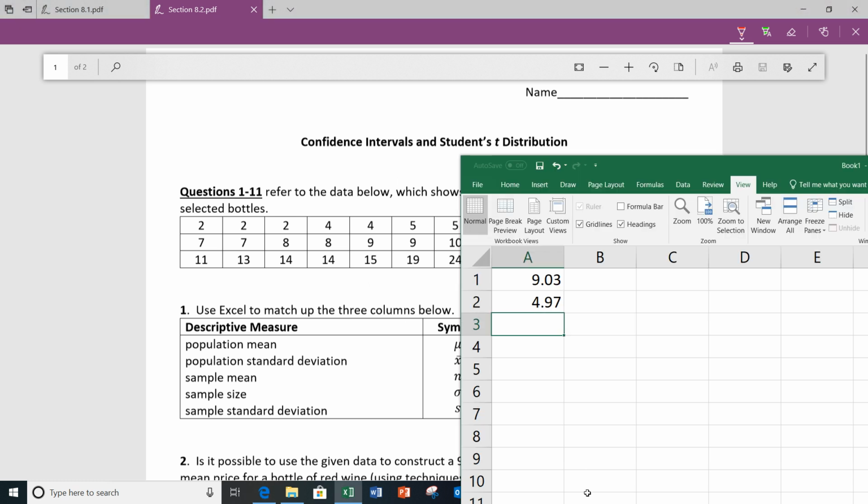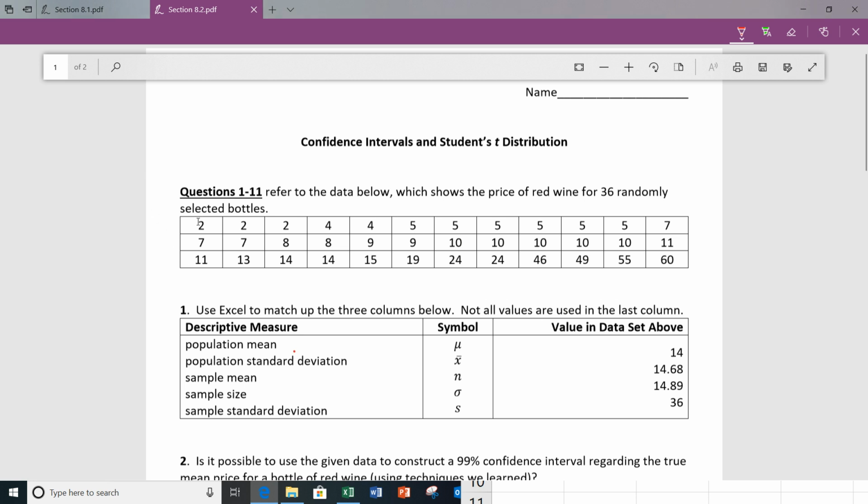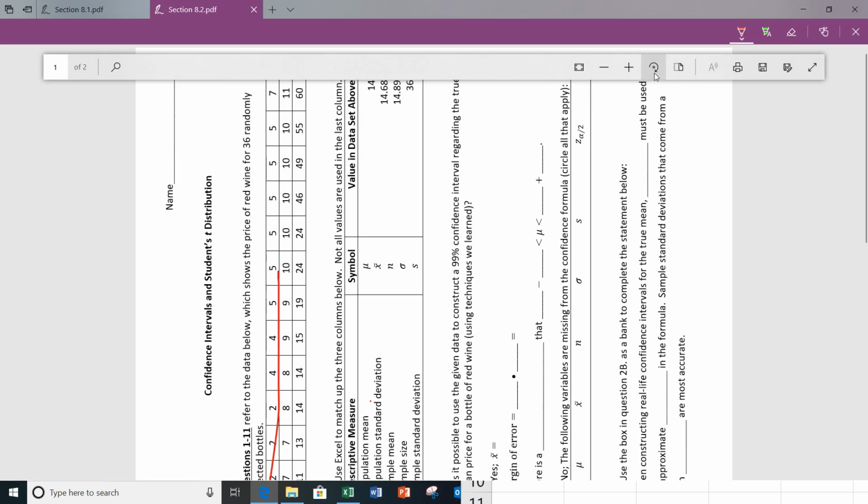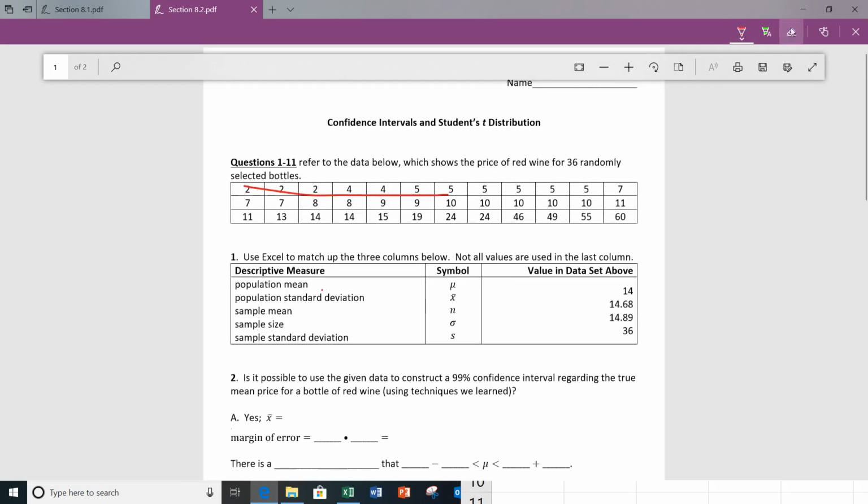Oh, well, you know what? I didn't put all the values into Excel, but what I can do is, oh no, I can't do that. I think I can, oh, I don't want to do that either. Okay, you guys can spend just a little bit more time on this. I'm going to see if I can copy and paste the values into Excel.